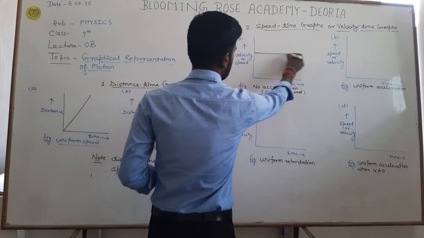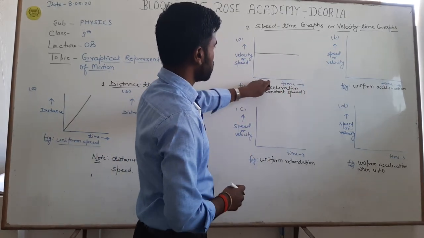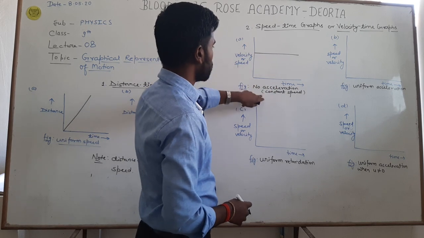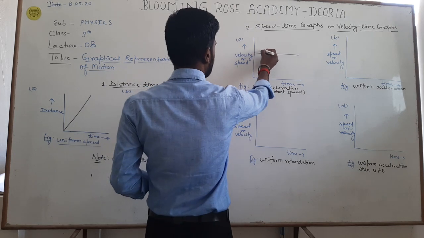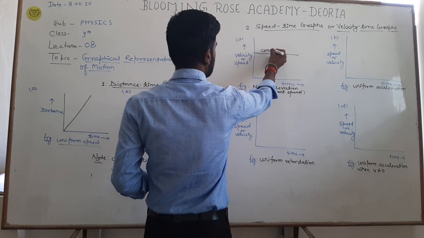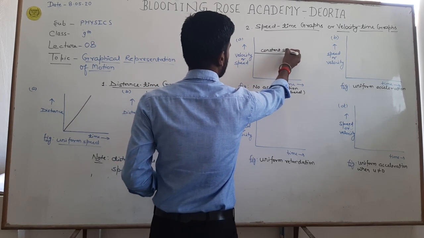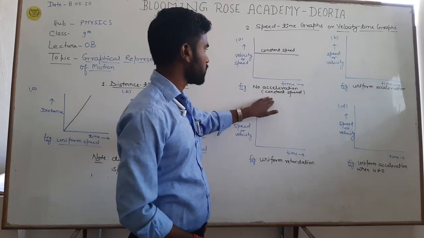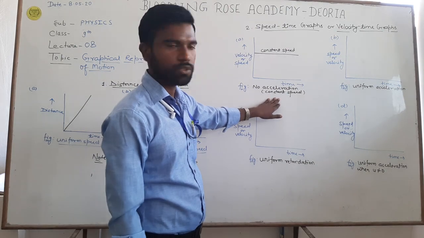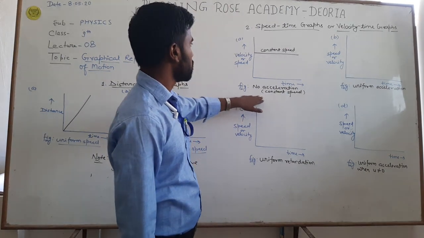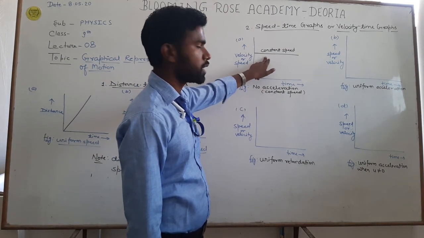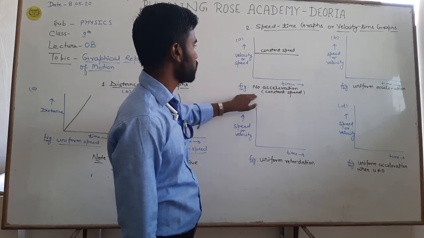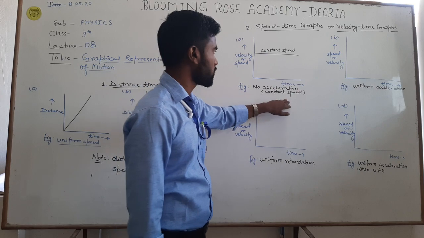For every value of time the velocity is the same, so it is called no acceleration. As you know, acceleration is the rate of change of velocity, but here there is no change in speed or velocity, so acceleration is 0, so we have written no acceleration.